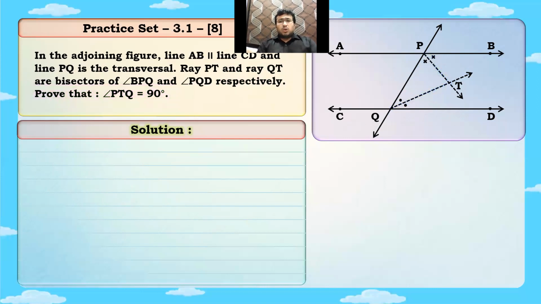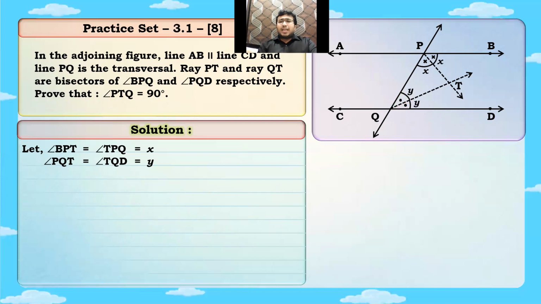So students, we know in a sum, when you have more than one angle bisector, the equal angles are always denoted by variables. So angle BPT is equal to angle TPQ is equal to X. So I've denoted these two angles as X. Same way students, angle PQT and angle TQD both are equal and I'll denote them by Y. What will be the reason for this students?